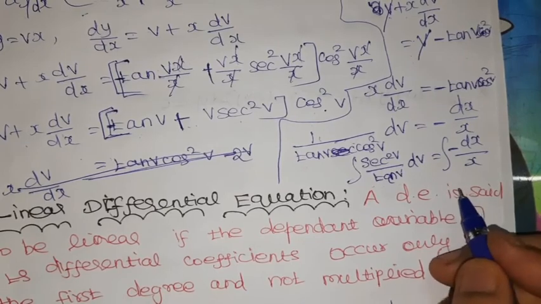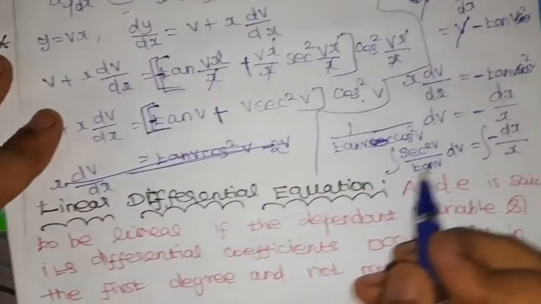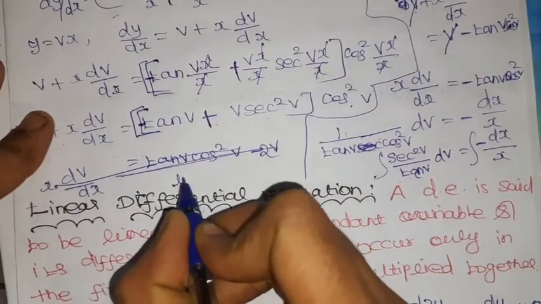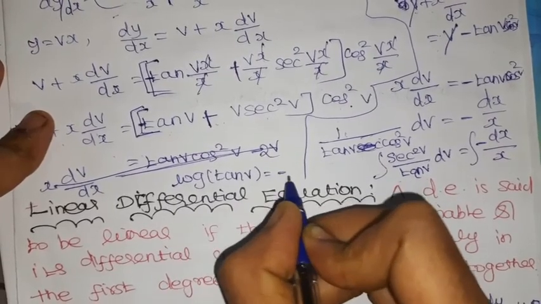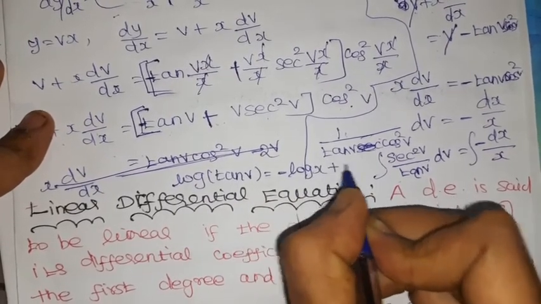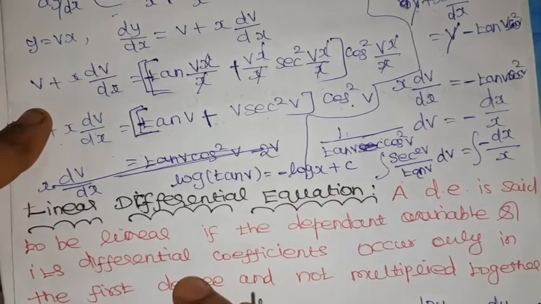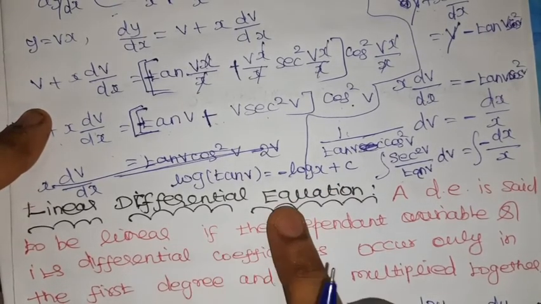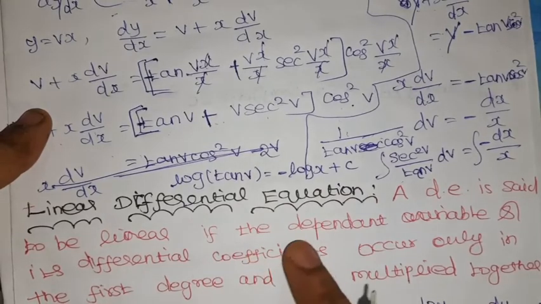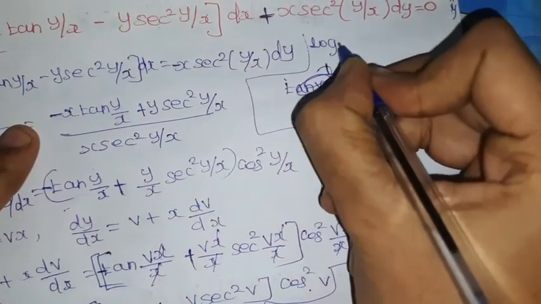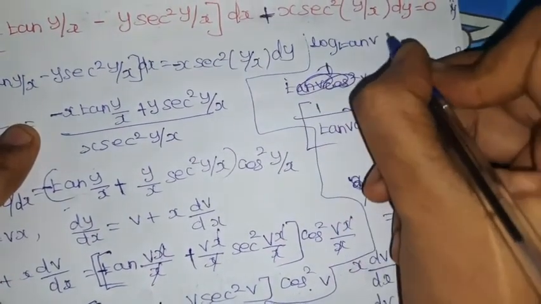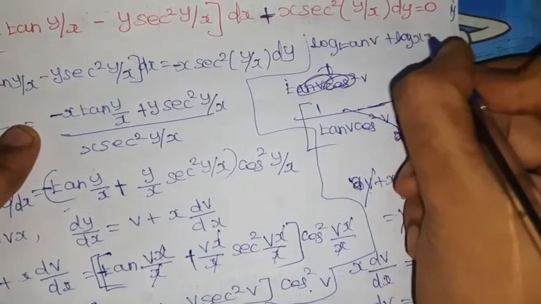So what will we get? Log of tan v is equal to minus log x plus c. How can we write this? Log of tan v plus log x equal to c.